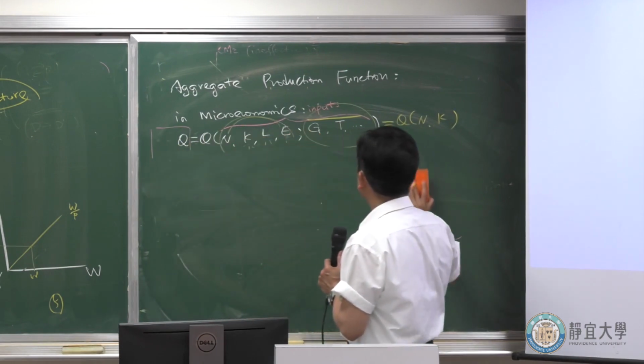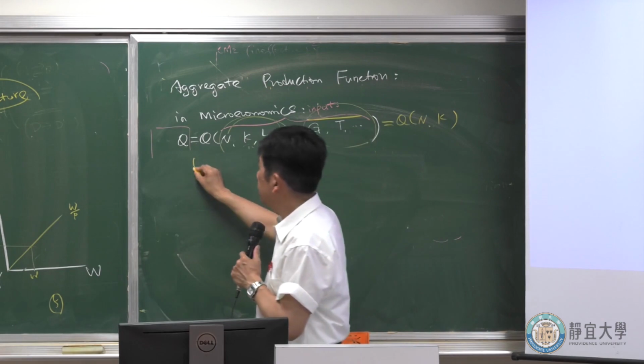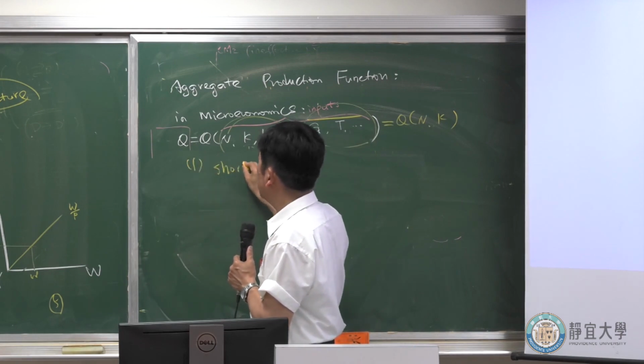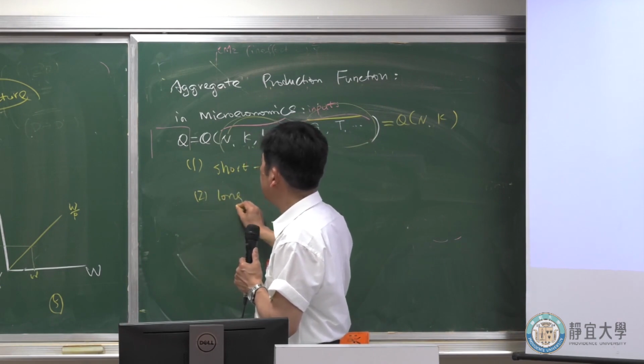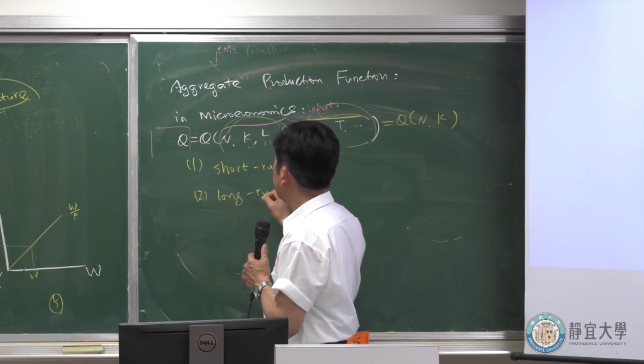And after that, we can make the production function easier. Here we have the short run and the long run. I'm not sure whether you know the short run and the long run.